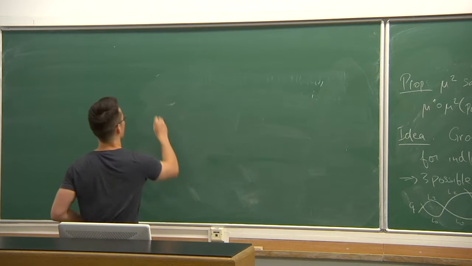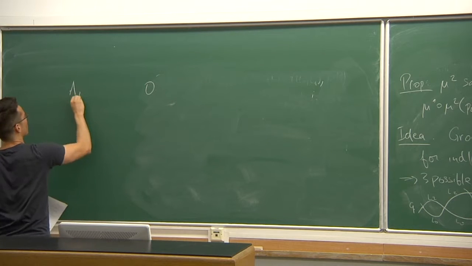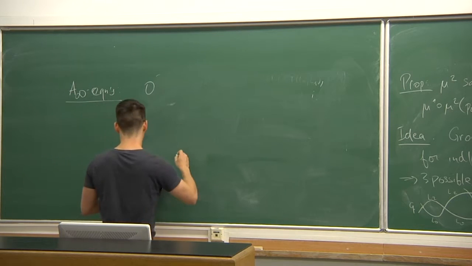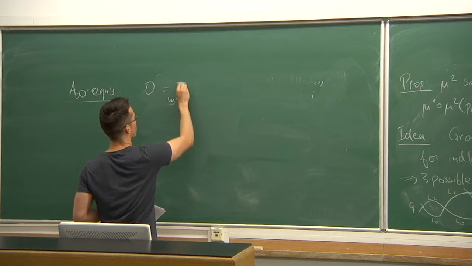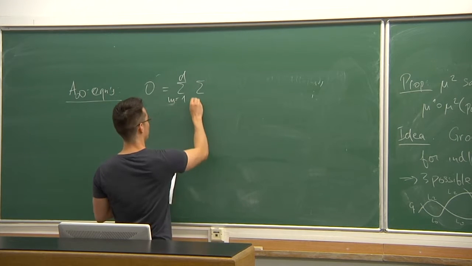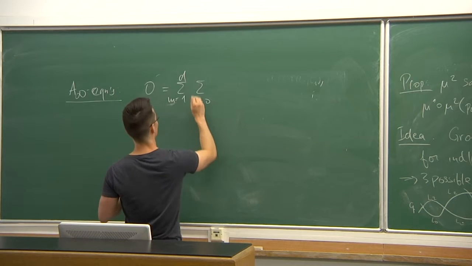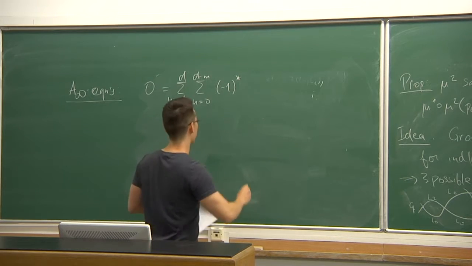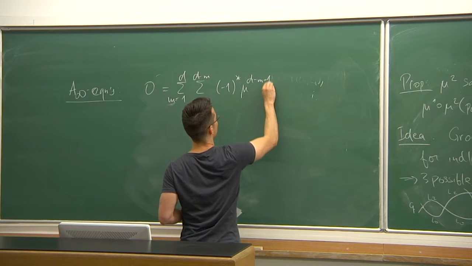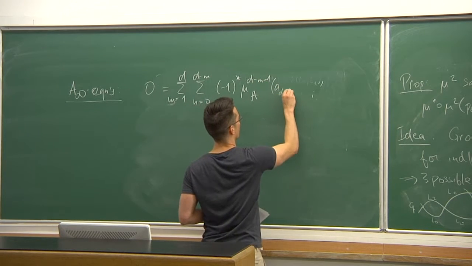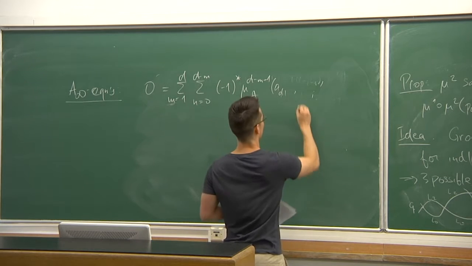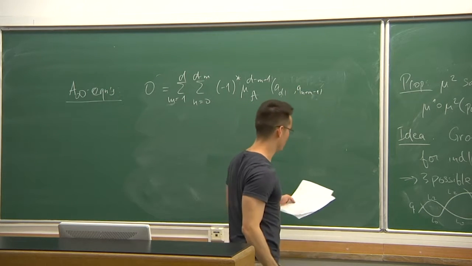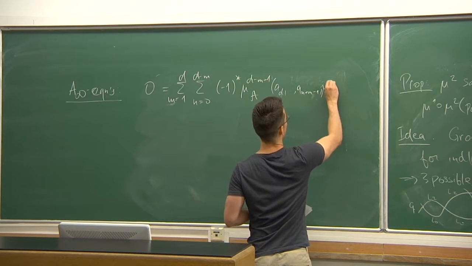So 0 is equal to the sum over m from 1 to d, sum over n from 0 to d minus m, and then we have a sign, which I'm not going to specify, of mu d minus m plus 1 applied to a_d up until a_(n+m+1), and now we compose it with the mth composition map.